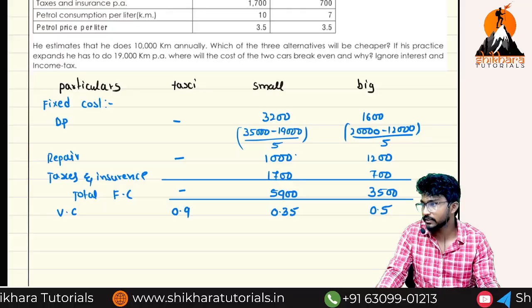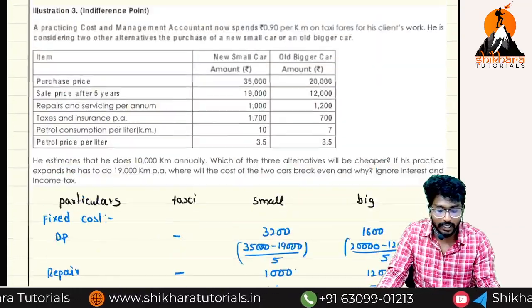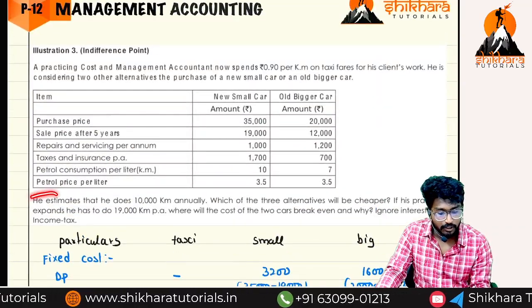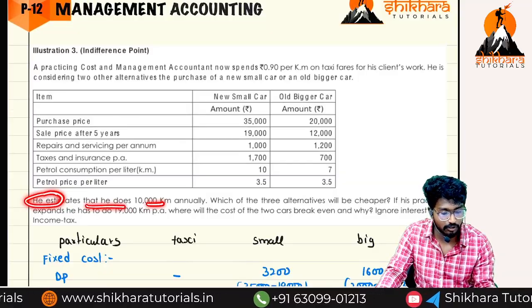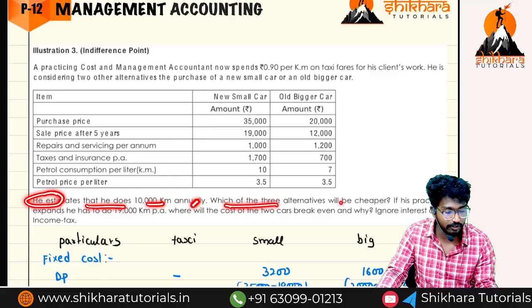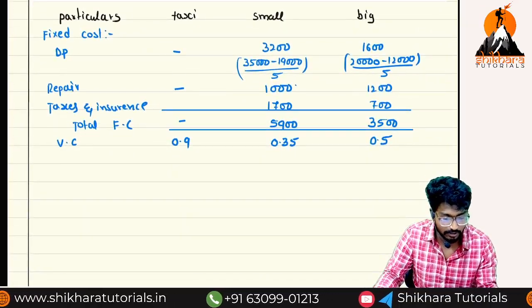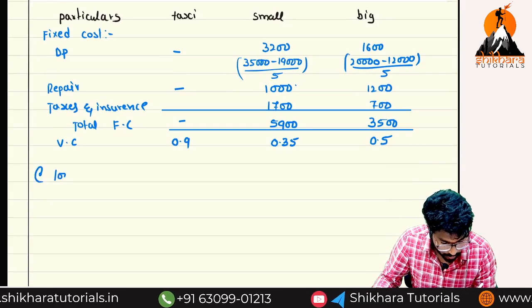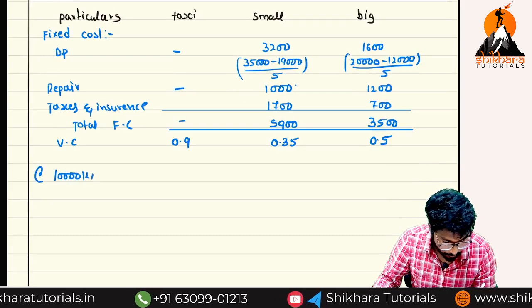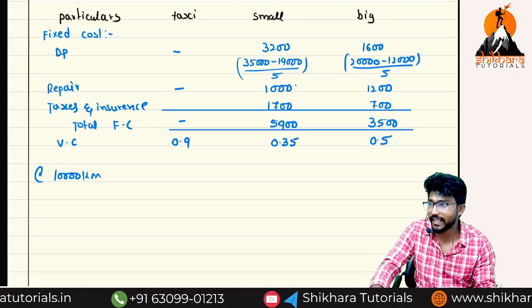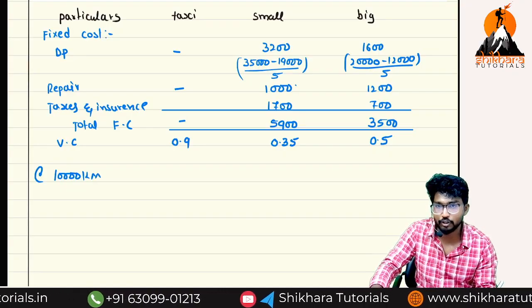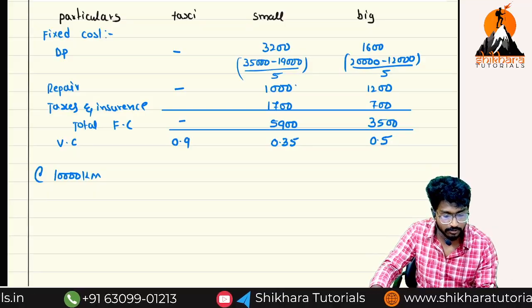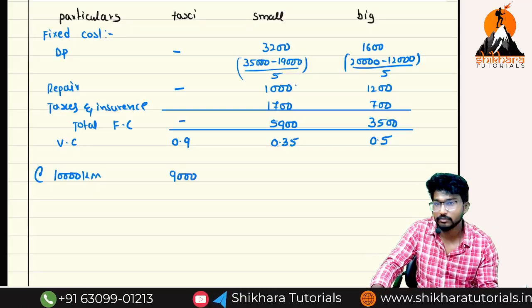Now we got all things. Now he asked us to calculate. He estimates that he does 10,000 kilometers annually. Which of the three alternatives will be cheaper? At 10,000 km, what is the total cost for taxi? For each kilometer you are spending 0.9 rupees into 10,000 means 9,000.